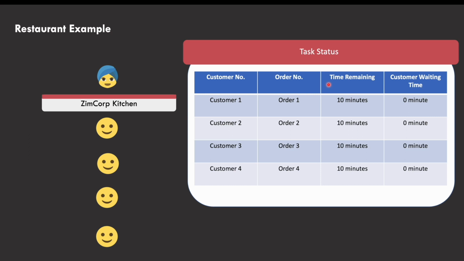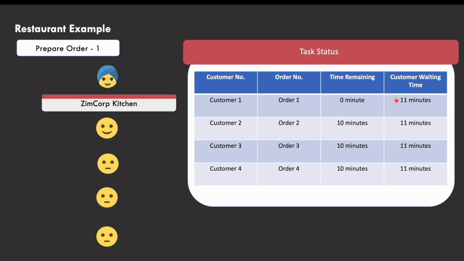So let's go over the flow real quick. The first thing the chef does is take the order, which is order 1. At this time, all the customers have to wait for a minute, right? Because it takes 1 minute to take the order. The next is preparing the order. So now the chef just prepared order number 1. So the time remaining for order 1 is 0 minutes.